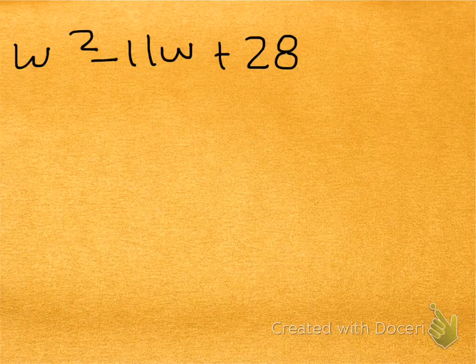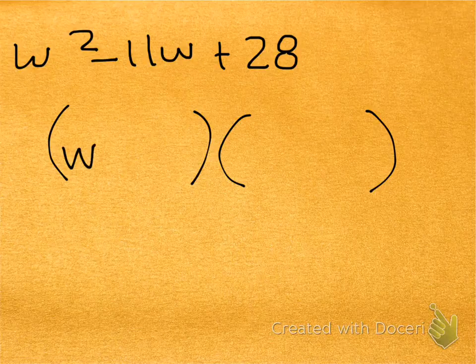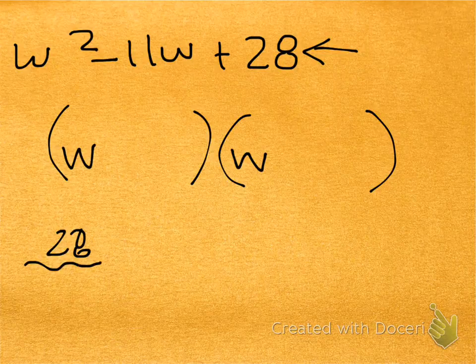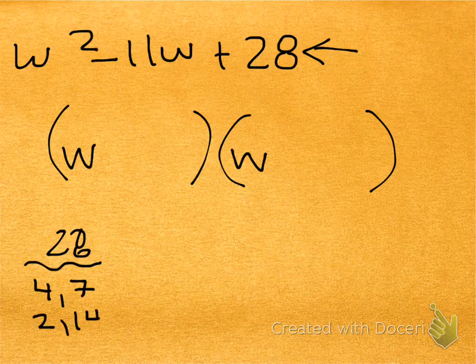The next one is going to be starting with the w's. Then we need to get factors of 28 that add up to be negative 11. So again, 4 and 7, 2 and 14, 1 and 28.